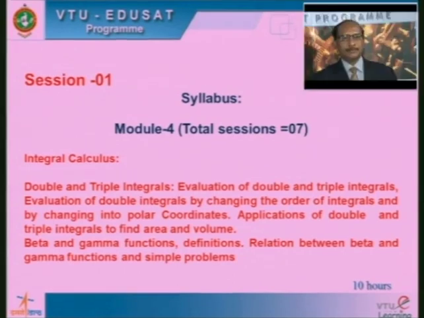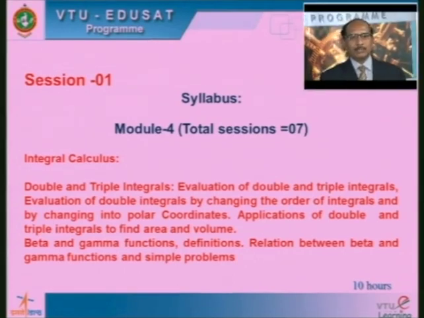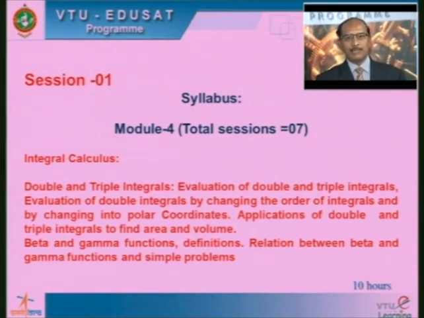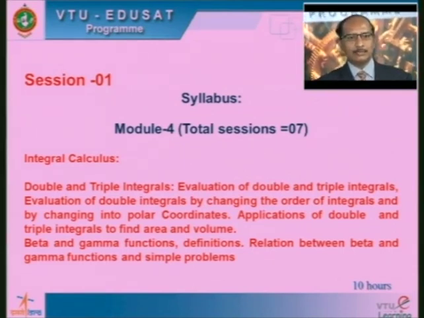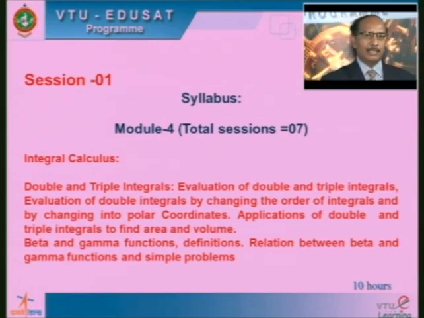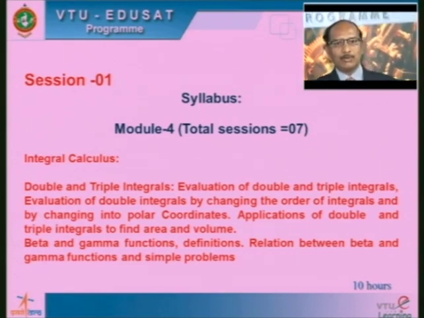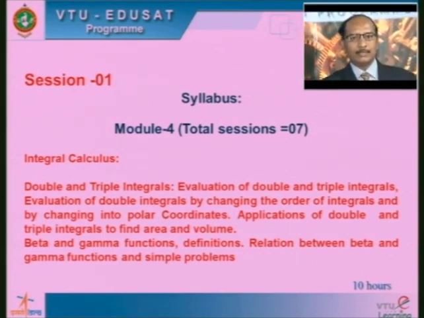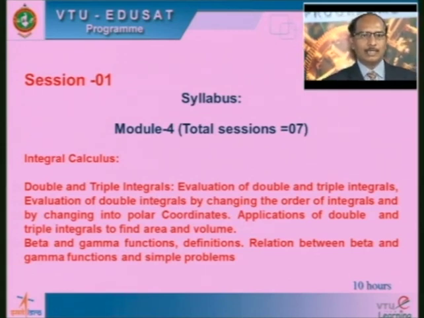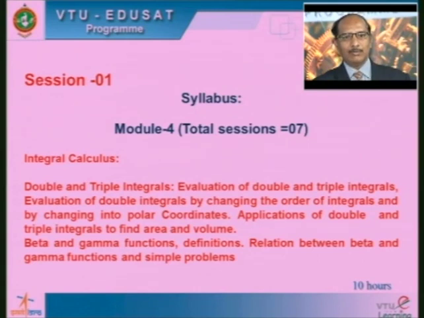In this chapter I am going to cover double integrals, triple integrals, evaluation of double and triple integrals, evaluation of double integrals by changing the order of integration and by changing into polar coordinates, and then the application of these double and triple integrals to find the area and volume.